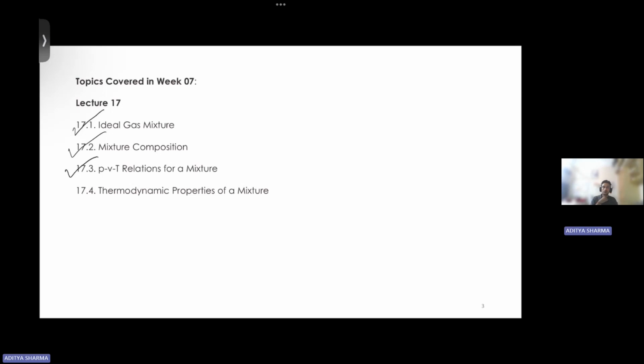Right. So this we see in this topic. That basically is related to the total pressure first of the mixture and then the mole fraction of that component in the mixture. These two things govern the partial pressure of the component. Okay.